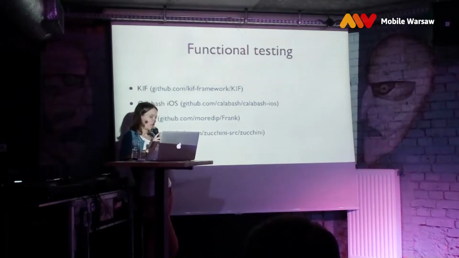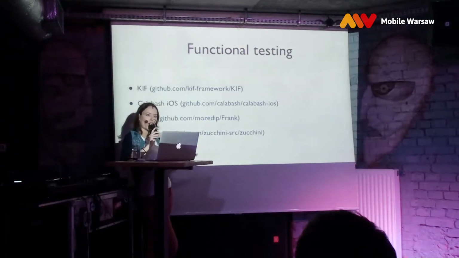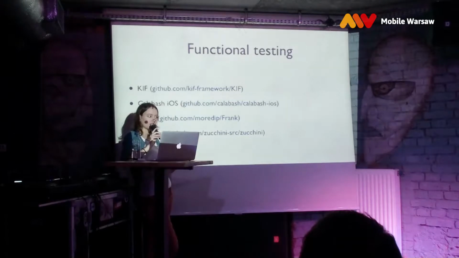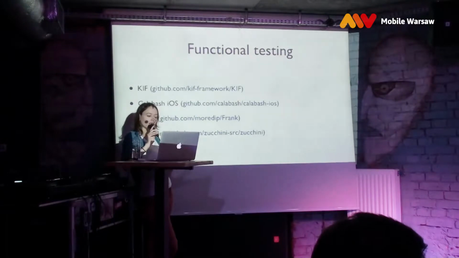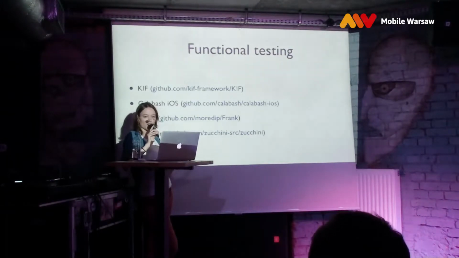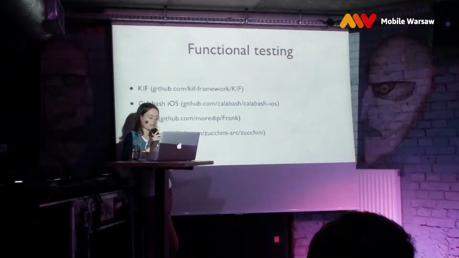Now, there's a whole bunch of ways of performing end-to-end acceptance tests. First of all, KIF, a functional testing framework. This one imitates user input by using the UI accessibility protocol, so using the accessibility attributes available out there for people with disabilities.